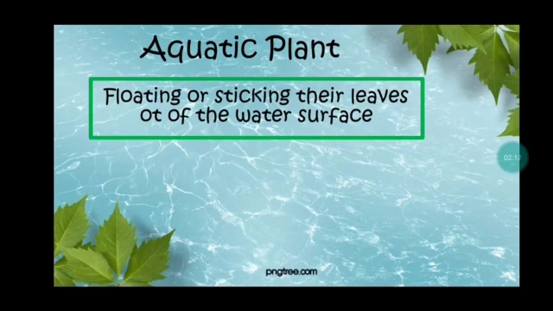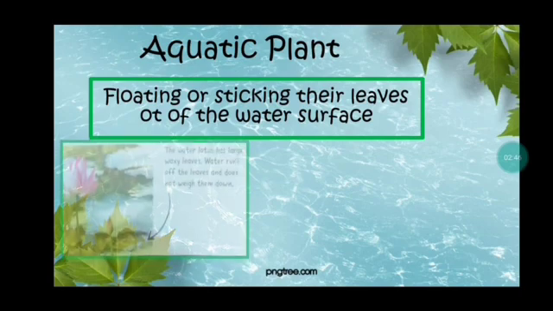We know that the sunlight cannot reach deep into the water. So, to get enough sunlight, the aquatic plant floats or sticks its leaves out of the water surface. Jadi tanaman air itu float, mengapung, or stick their leaves out of the water surface, so they can get enough sunlight.